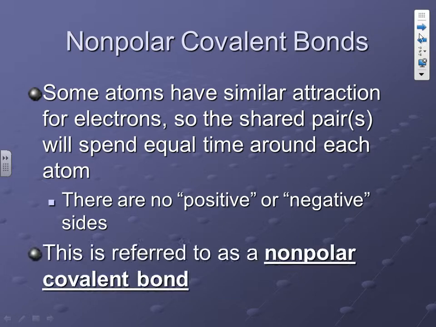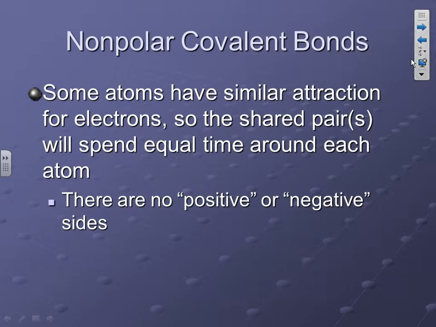So in a non-polar bond, the atoms have a similar attraction, where the atoms that are sharing will share nice and evenly. As a result, those electrons are nice and evenly distributed, and the bond is pretty much the same all around. If we looked at electron density or probability, where would be the highest probability of finding electrons in a non-polar covalent bond?